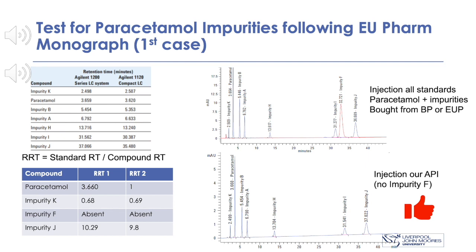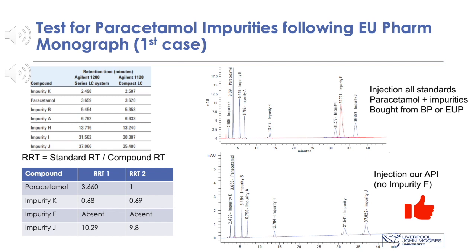Sometimes we have to operate not with absolute retention times, but with what we call RRT, or relative retention times, which is the table below the one we were commenting on before. When you convert the retention times into relative retention time to paracetamol, the differences look less big.